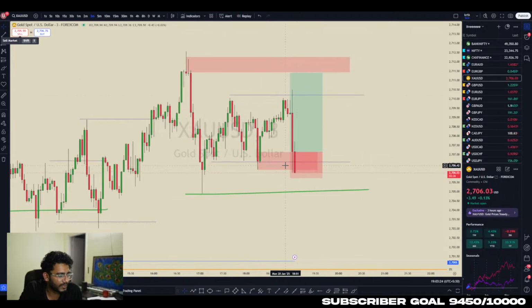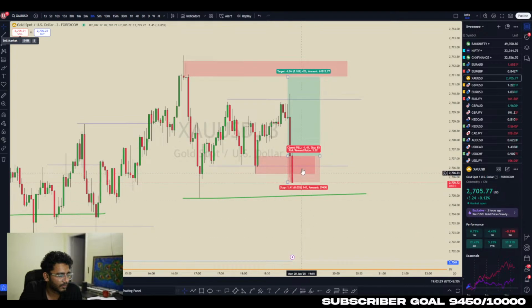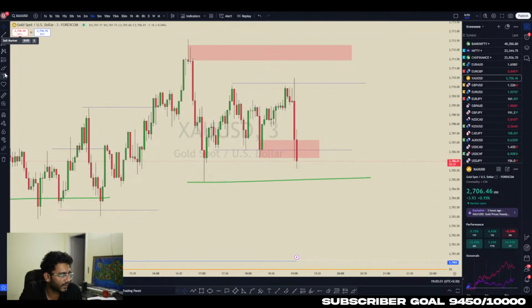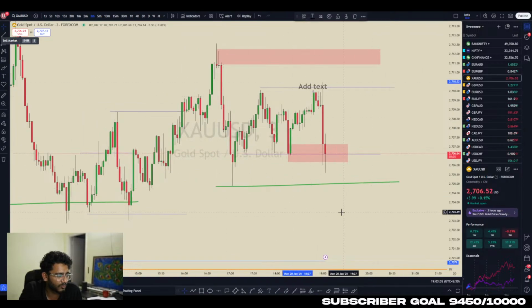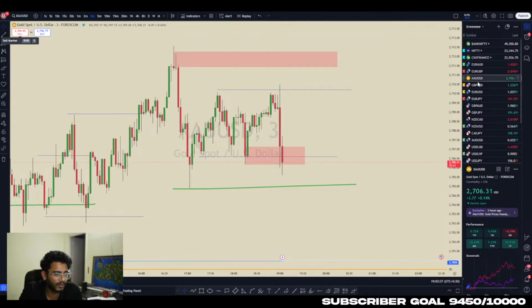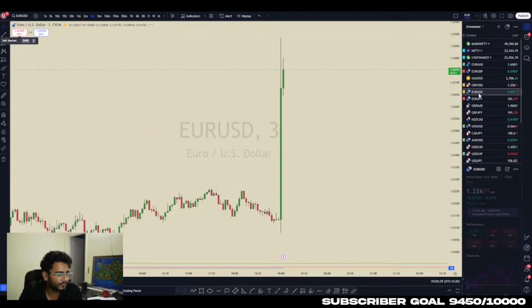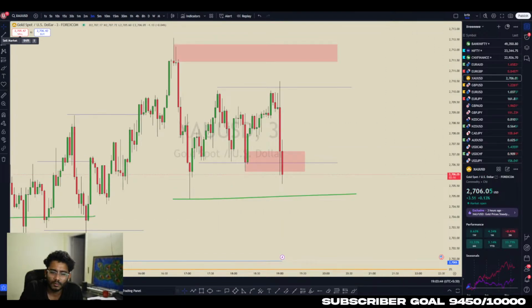If price sweeps the liquidity from here, now broken. And if this low is broken, then now we know that price is continuing downside. So I'll wait for price to break this high or this low. Then we will know the actual direction of the market, up or down.